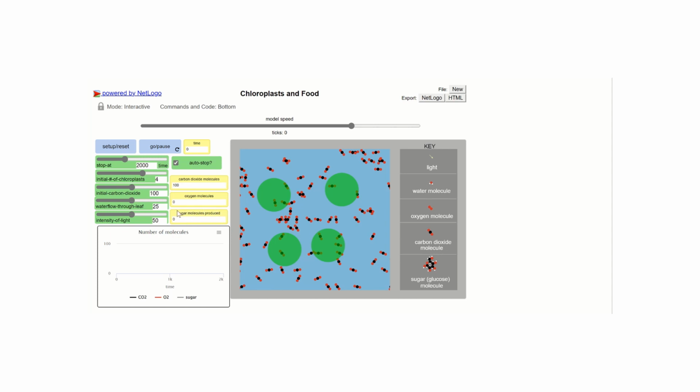So let's see what happens when I run my simulation with the initial settings. That's time 2,000, 4 chloroplasts, 100 molecules of carbon dioxide, 25 water, and intensity of light 50. Let's just see what happens here.